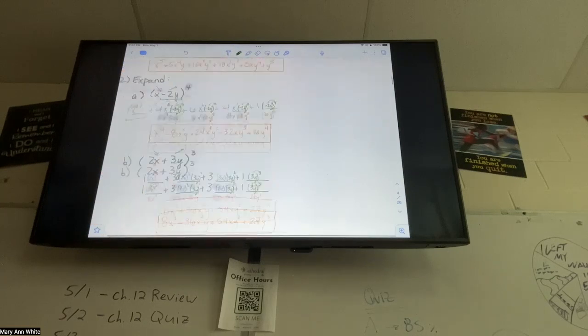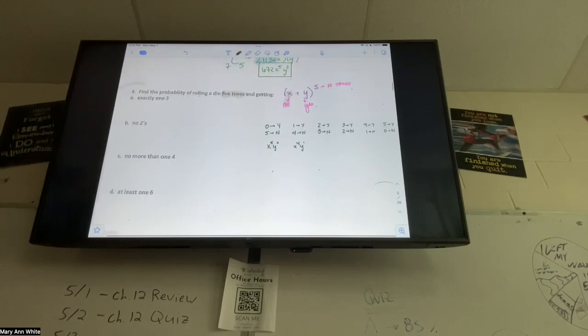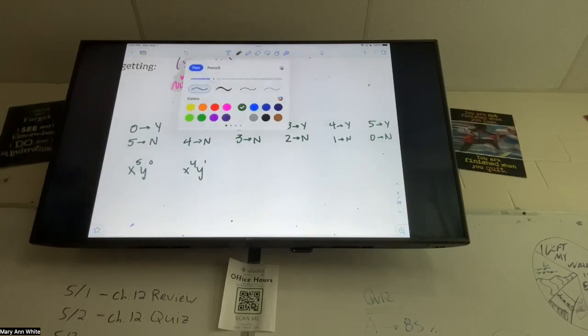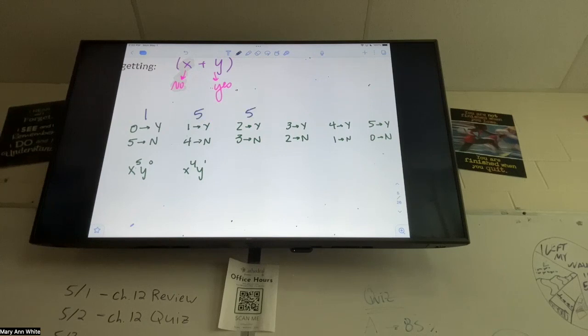In all of these cases, I'm going to have a coefficient I'm multiplying by: 1, 5, 10, 10, 5, 1. Now I've done this enough that I just know that's the bottom line of your Pascal's triangle, but you can go back up to your Pascal's triangle. We're just copying that bottom row to be multiplied here with all of our probabilities.